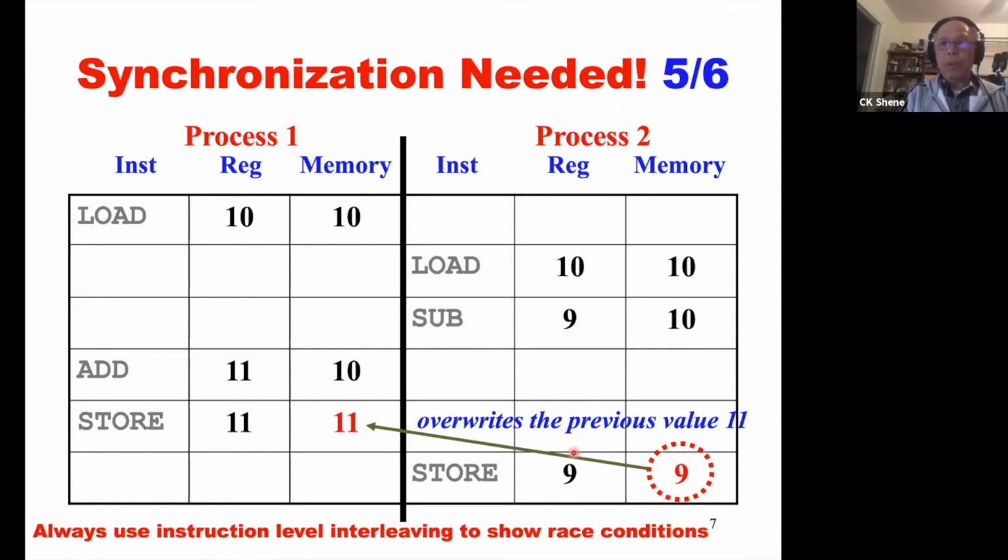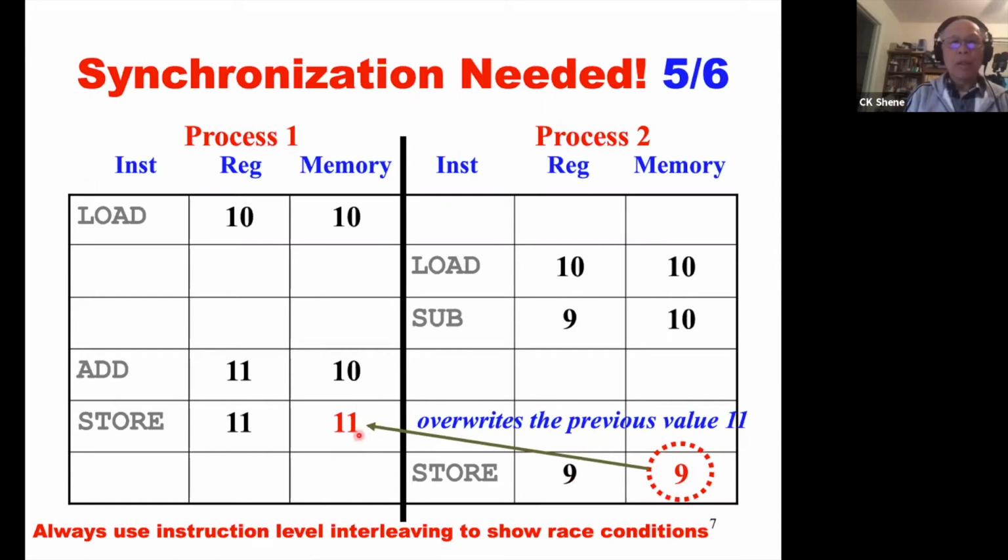At this point, the system reloads the saved register value back to process 2's register. So process 2 gets 9, then process 2 executes the store. The value of 9 is saved to count, overwriting the previously saved value 11 by process 1.